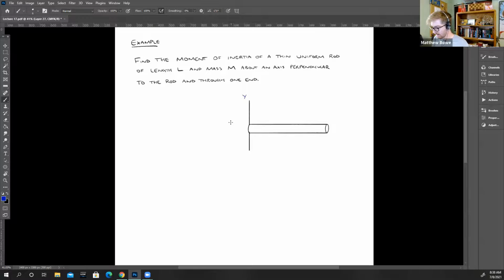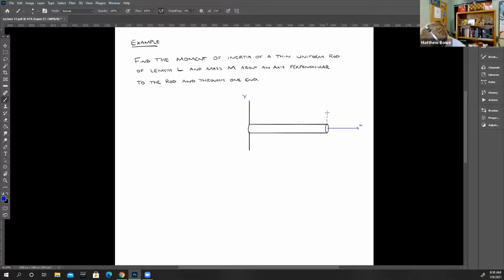We'll say that's the y-axis, and we'll have the x-axis go straight through the middle of the rod. This is the exact same setup as the previous example.